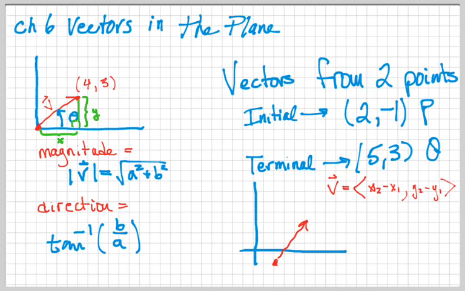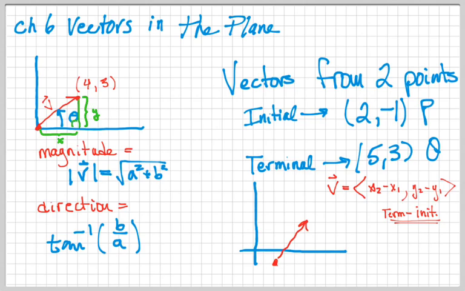And the way that we do this is it's always terminal minus initial. If you get that backwards, you will get the opposite vector. In other words, it'll be the same length, the same magnitude, but it's going to be going in the opposite direction. That is very important that you don't miss that part.